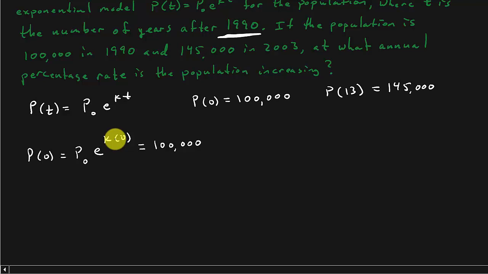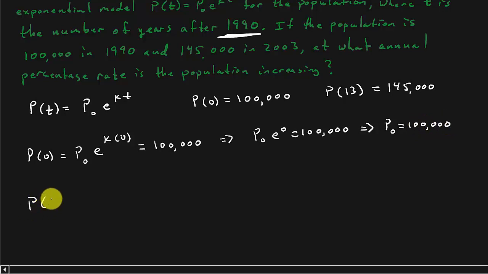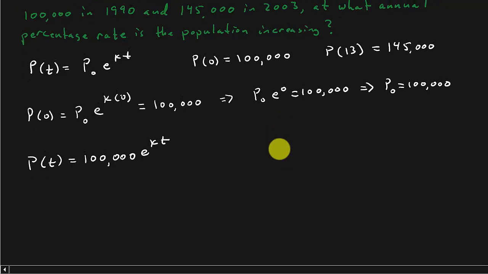So if we take P naught e to the 0 equals 100,000, e to the 0 is 1. So that's telling us that P naught is 100,000. So now I have P of t equals 100,000 e to the kt. So I figured out what P naught is based on the initial population at the year t equals 0.